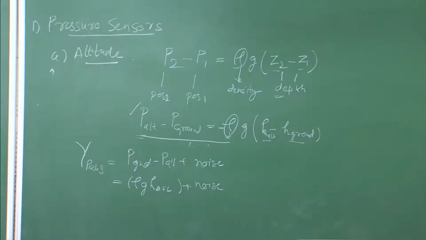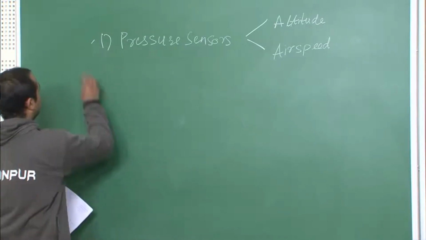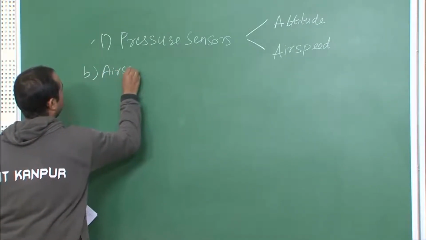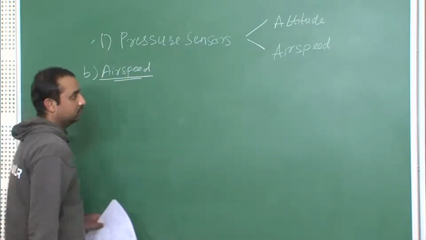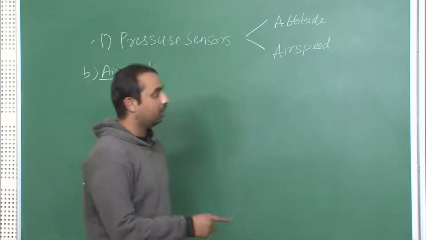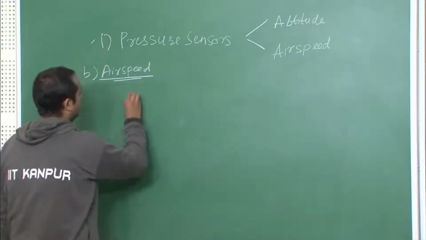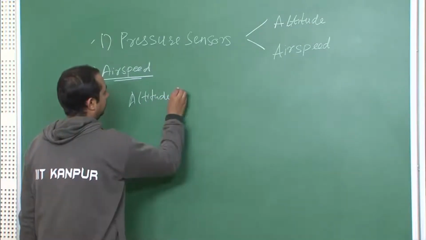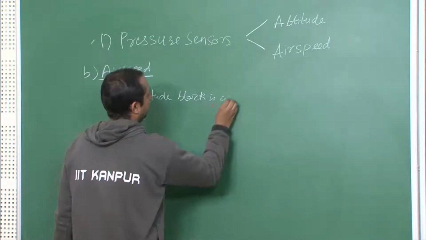The second application of the pressure sensor is to calculate airspeed. The principle for calculating airspeed and altitude is the same. The difference between them is, for altitude, the block diagram is as follows.